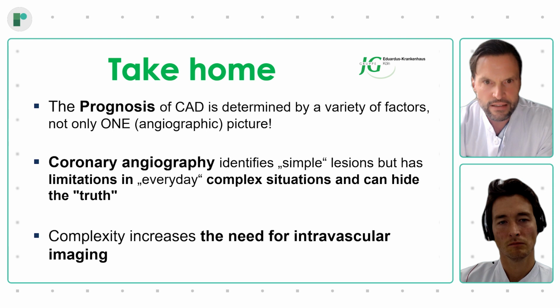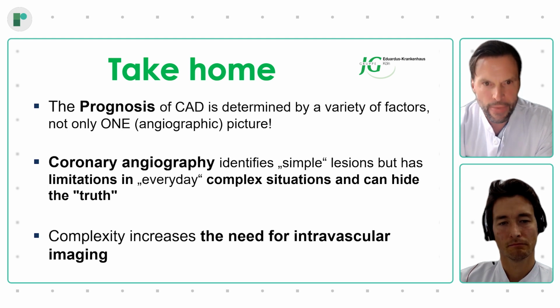So to summarize the session, of course, the prognosis of coronary artery disease is determined by a variety of factors, and not only an angiographic picture. I think this is what we learned over the years, and which is already clear.